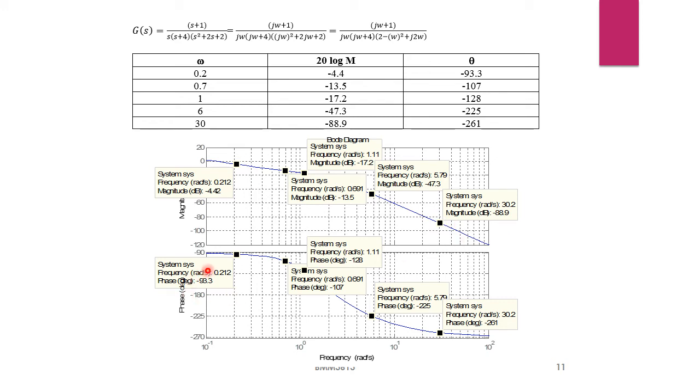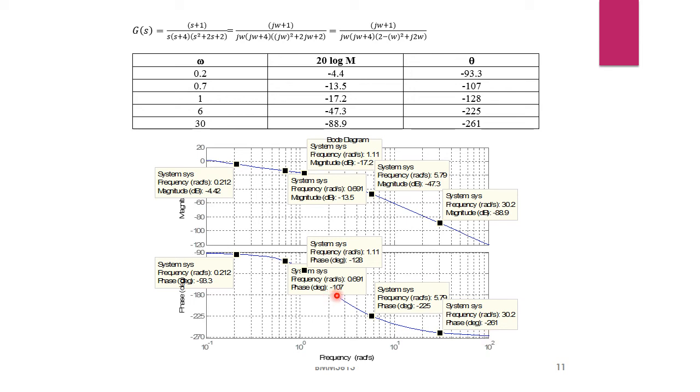But in terms of phase shift, at first you start with a phase shift of minus 90 degrees. Minus 90 degrees means that it has a certain lag, and as your frequency increases, the lag becomes more and more obvious, and it goes until minus 270 degrees.